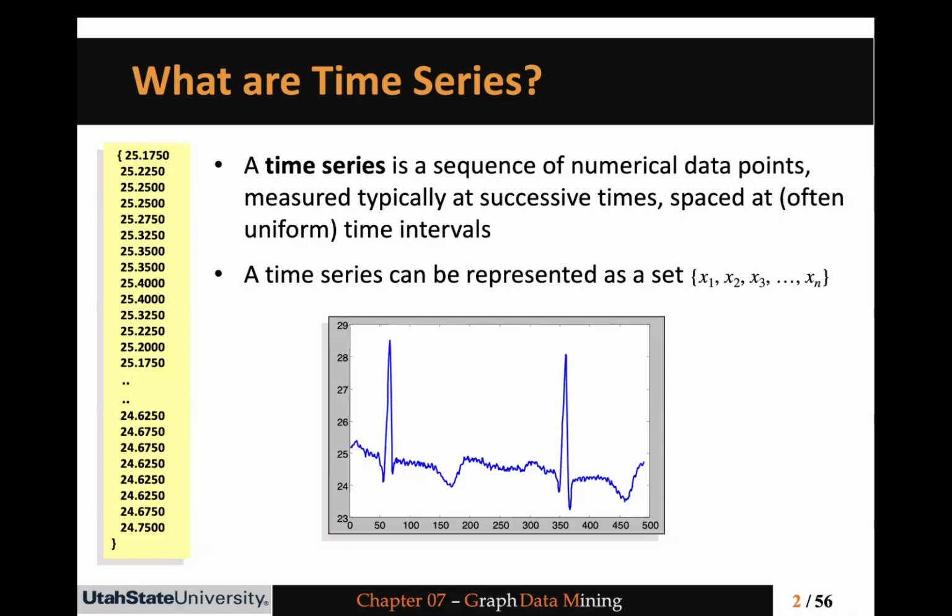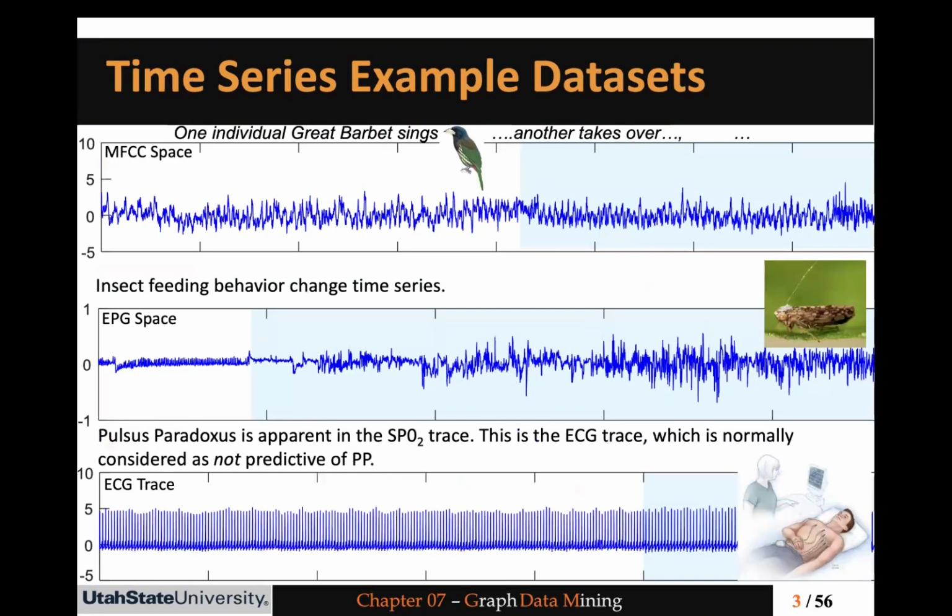Here, the order between the values, or the contiguity between those subsequences, really matters, because we're going to see that the shape the time series makes is relevant during the mining process. Here we see a long list of temperature-like values evolving over time.